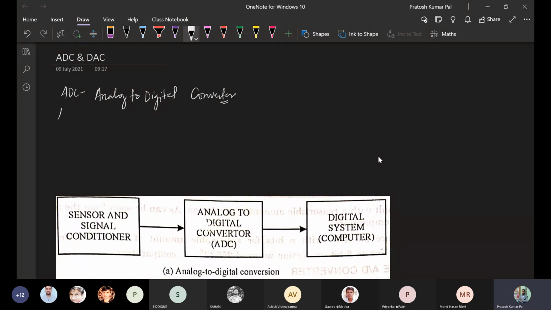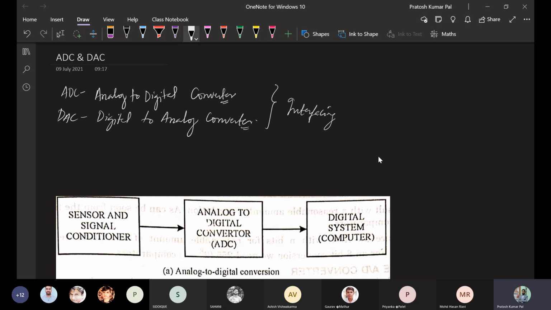So this DAC is a digital to analog converter. Whenever we have analog input and the processing should be done in digital form, then we need this.